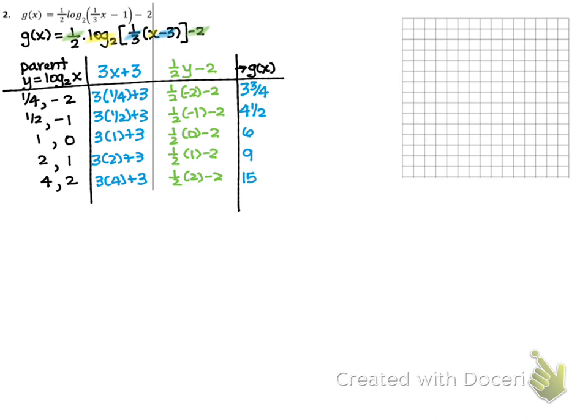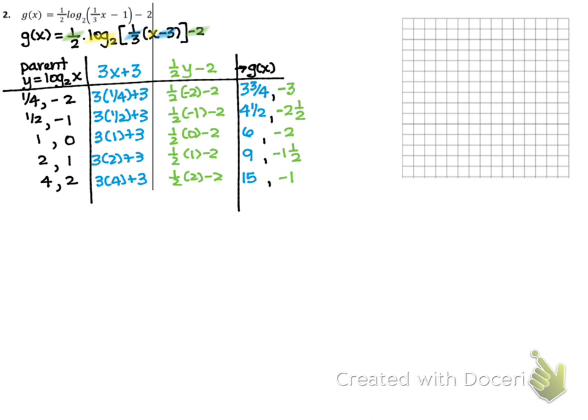Okay. That's going to give me -1 minus 2 is -3. That's -1/2 minus 2. That's -2.5. 0 minus 2 is -2. That's going to give me -1.5, and that's going to give me -1. Okay, so those are my points.